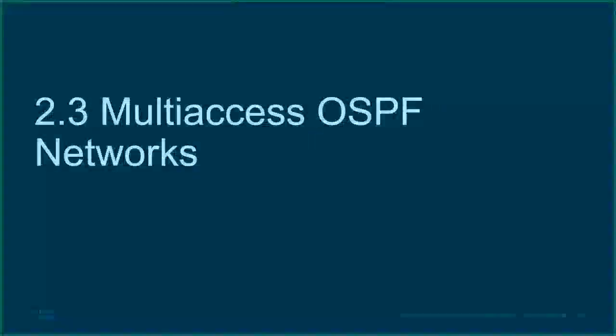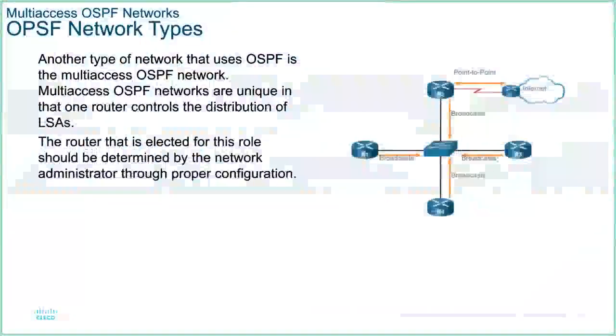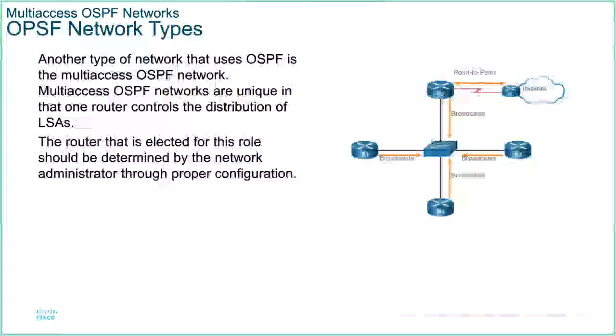MultiAccess OSPF. This is where we have more than one device communicating with the router. So you can see here we have our 4 routers interconnected via a switch. So we're using a broadcast, and in this environment, we need to have an election.